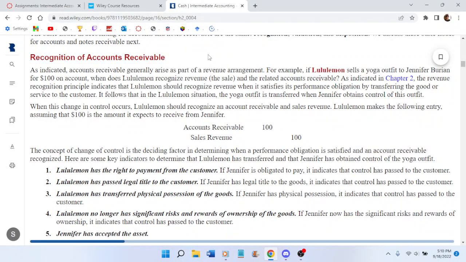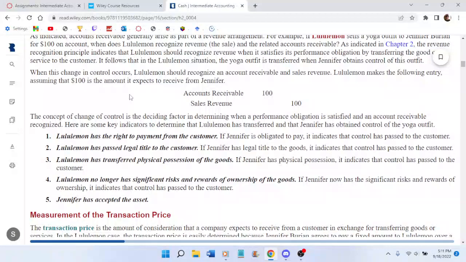Then it will recognize an account receivable and sales revenue. So, debit accounts receivable, which means you are increasing the asset of accounts receivable by 100, and credit sales revenue, which means you earned $100 of sales revenue.